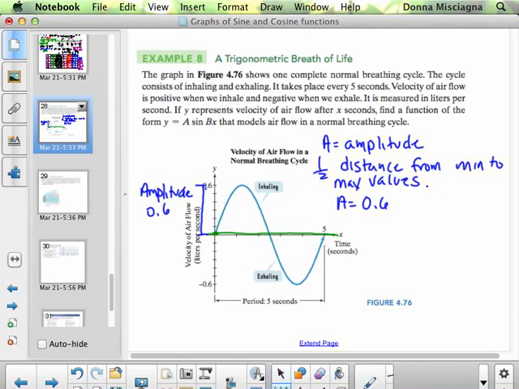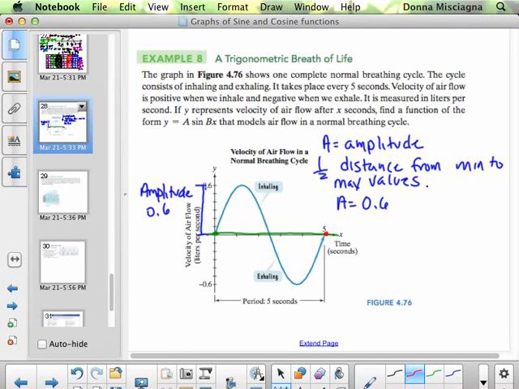Right? Here we can see what the period is. The period is 5 seconds. But even if they didn't tell us, the sine graph goes up to its max, back to the x-axis, down to its min, back to the x-axis. And so that distance would be 5.